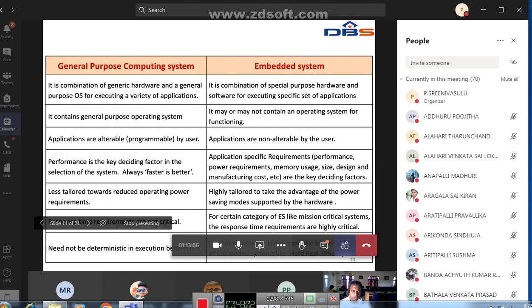Almost all embedded systems are battery operated, so they are tailored, already designed to operate for a particular power. That is why they are different. They are highly tailored to take advantage of the power saving mode supported by the hardware.